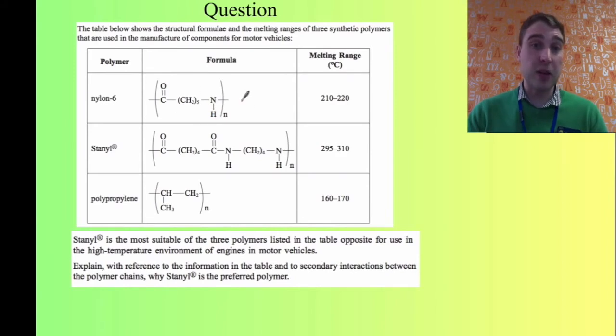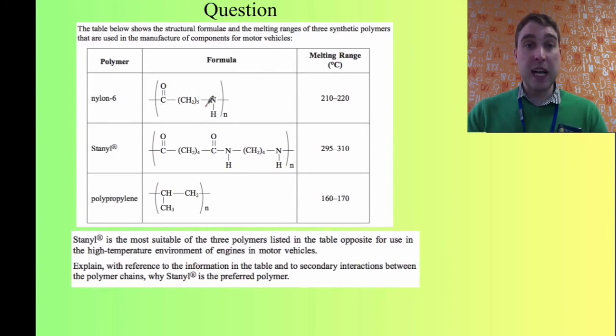So that's going to give it a higher melting point. If we look at polypropylene, when we look at how it will join together, it's all non-polar. So the only force of attraction between the polymer chains is going to be dispersion forces. The dispersion forces between the chains will require less energy for the polymer to melt. It doesn't require as much energy to separate the dispersion forces, so therefore it's got a lower melting point range.